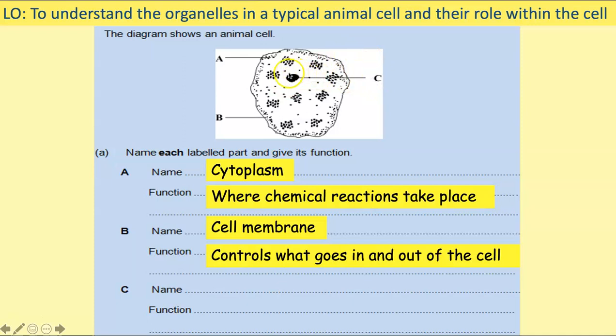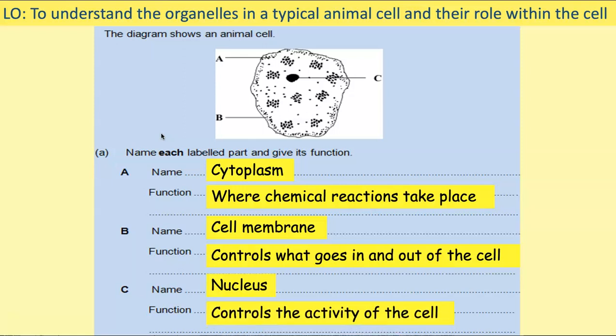For the last one, we've got a larger circular structure. There's only one of these in the whole cell. We know that this must be the nucleus. We know that the function of the nucleus is that it controls the activity of the cell. Its structure is that it contains the DNA or the genetic information of the cell, but its function is that it controls the activity of the cell.